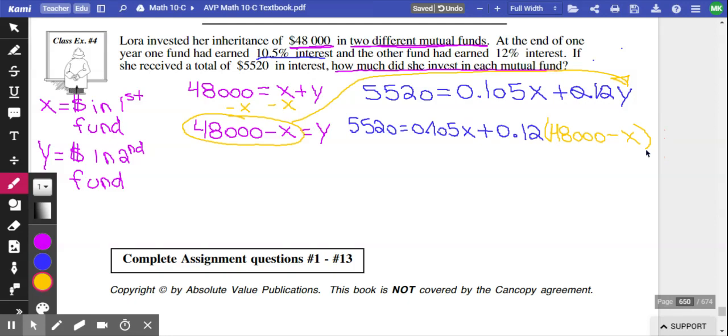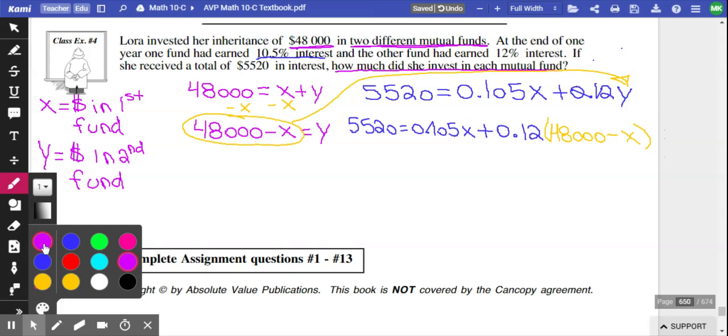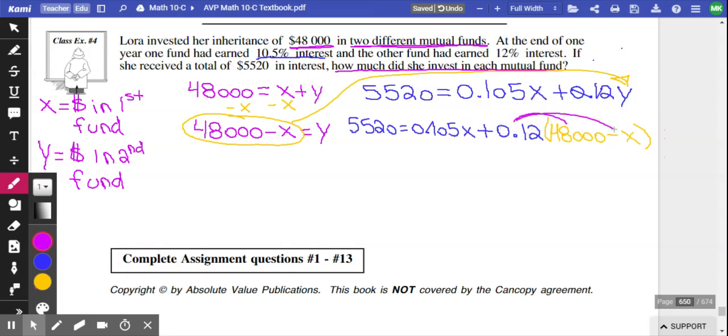First step after substitution is expanding. You need to multiply that decimal into the brackets. When you multiply that decimal into the brackets, I'm going to need a calculator for that one. You're going to end up with 5,520 equals 0.105x. You go 0.12 times 48,000, and you get plus 5,760.